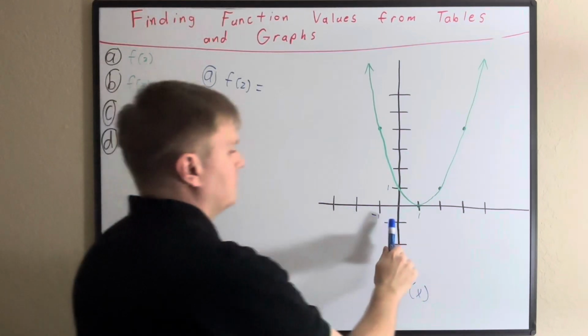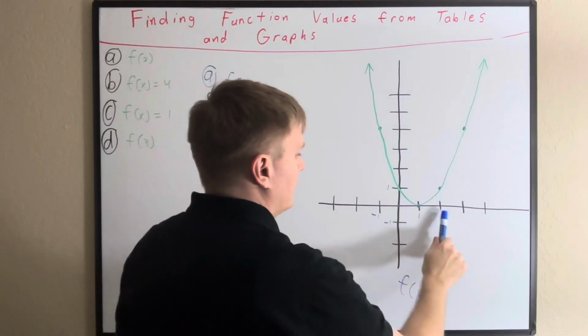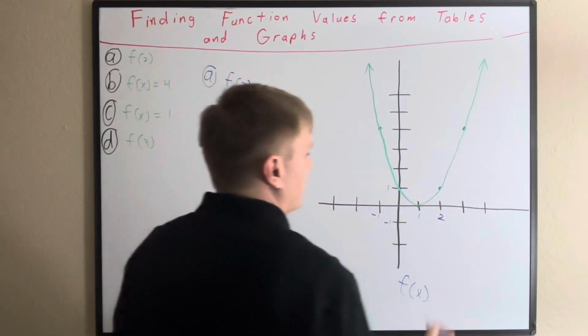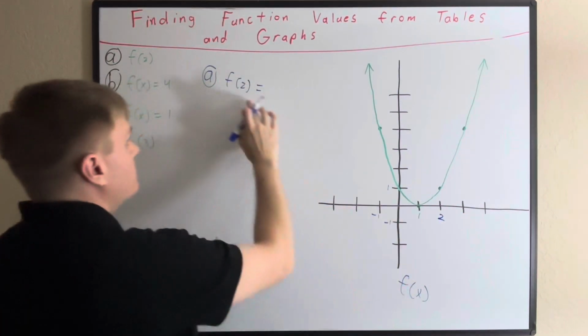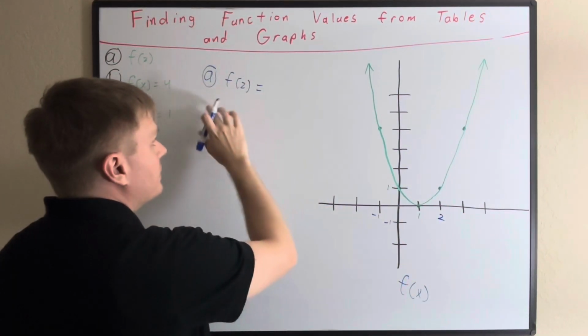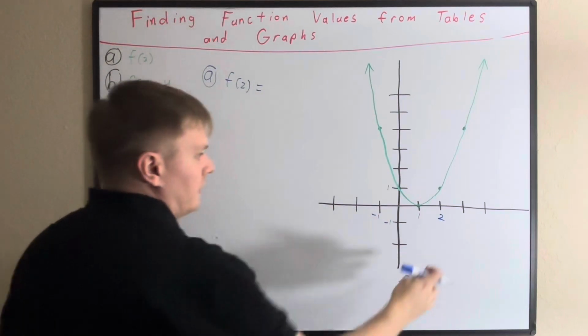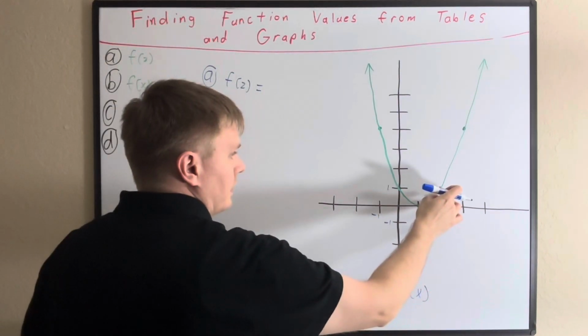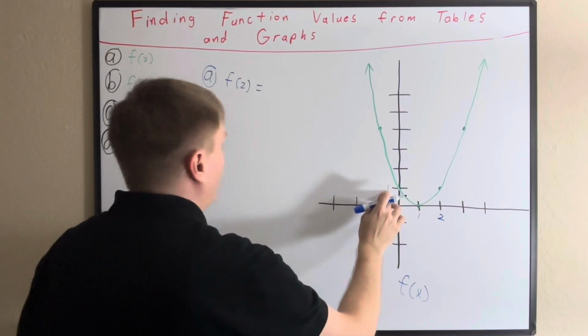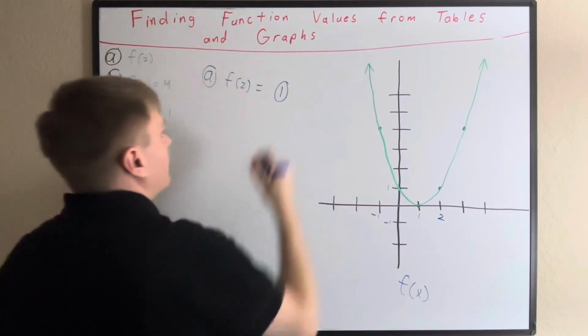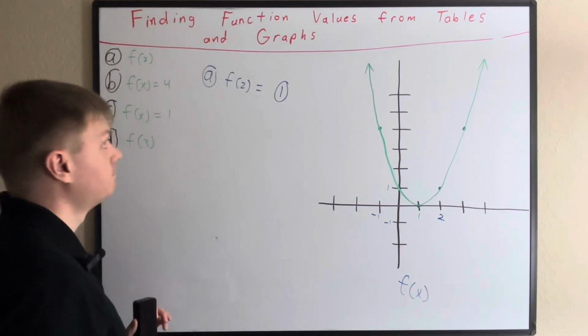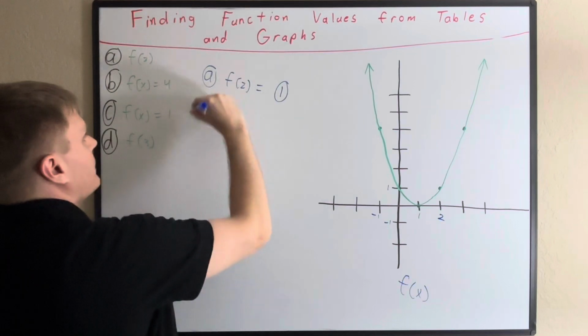So where is x equal to 2? 1, 2, right here. So the output when x equals 2 is 1. See that?